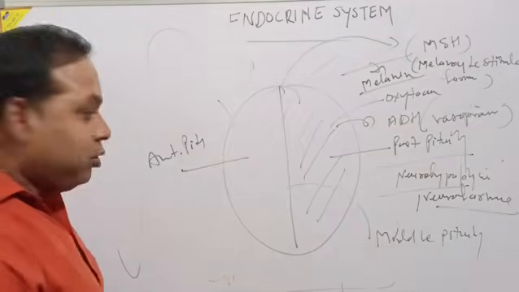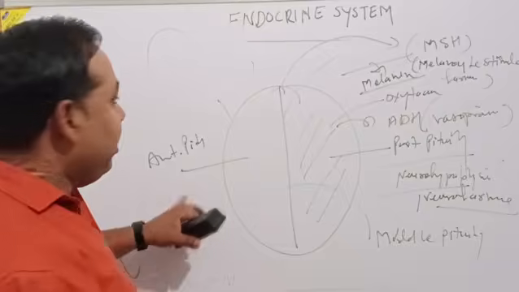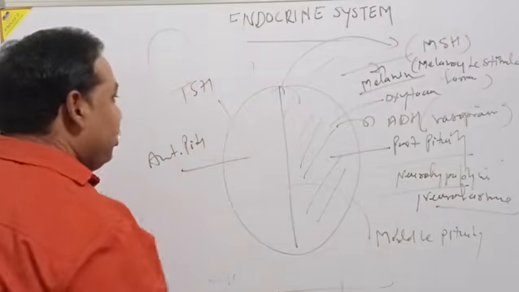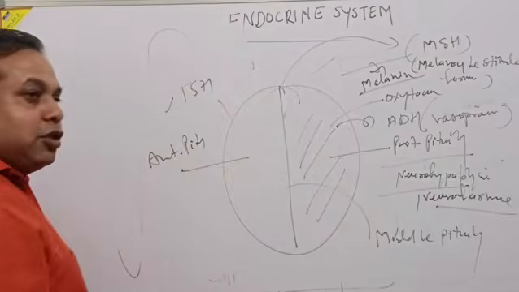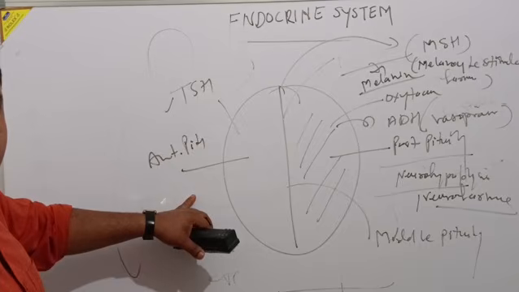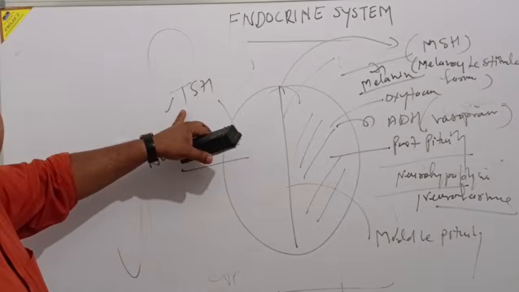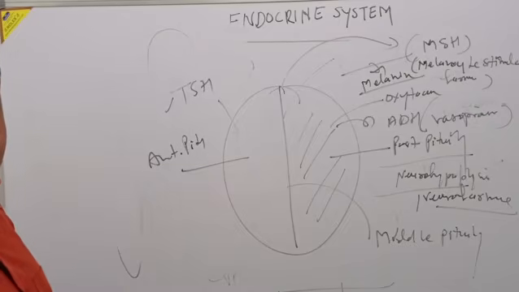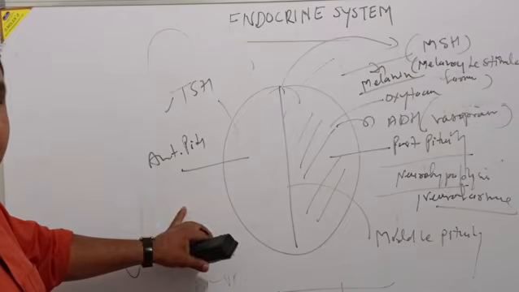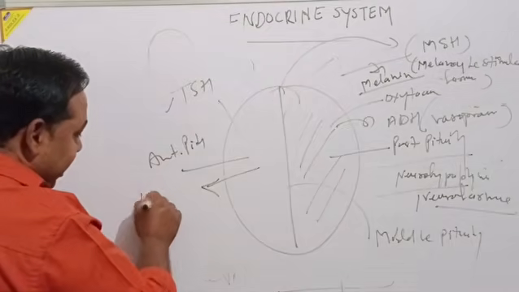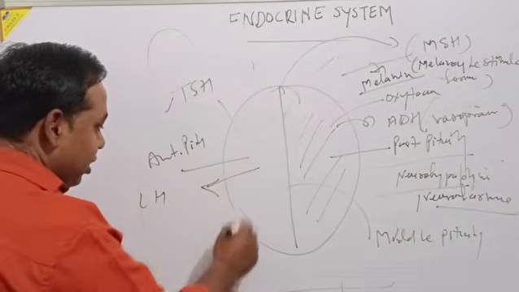There are many hormones which come out from the anterior pituitary. First is TSH, whose full form is thyroid stimulating hormone. It acts on the thyroid gland, which is present in the neck region, and helps in the formation of thyroxine hormones, that is T3 and T4. The second hormone is LH, the luteinizing hormone.